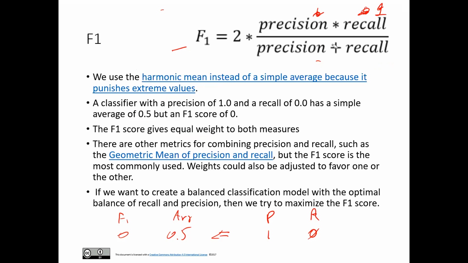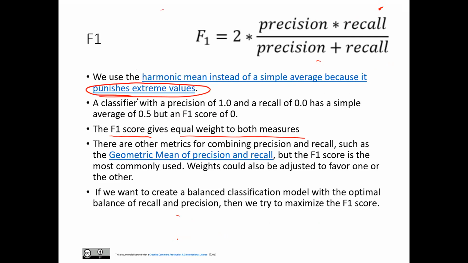First of all, that it combines both of them, and then also this statement here: the F1 score gives equal weight to both measures. It really punishes extreme values, okay? So it doesn't want a result that's too extreme on the precision side or the recall side. It wants a more balanced result.